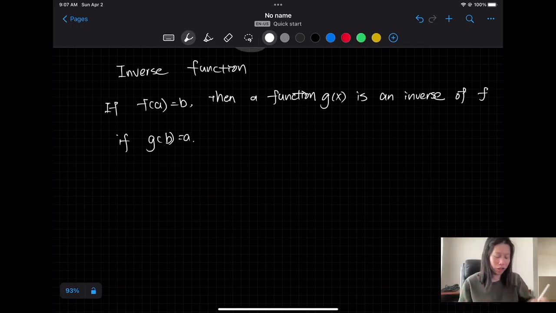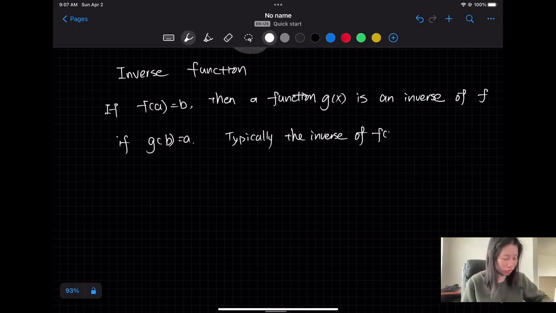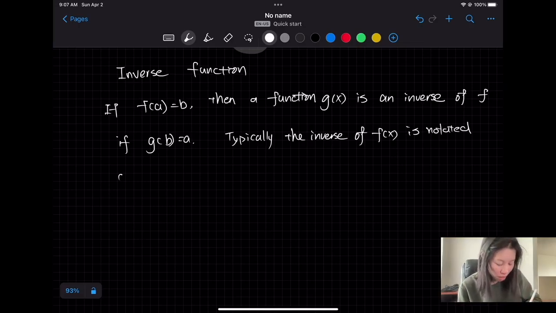So typically, the inverse function of f(x), we usually notate it as f inverse of x.